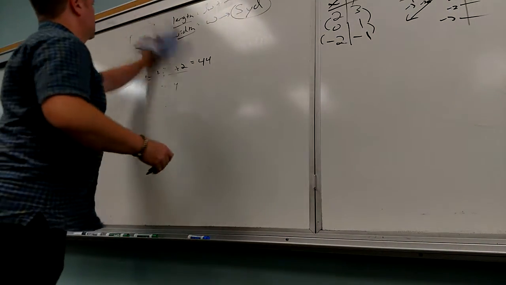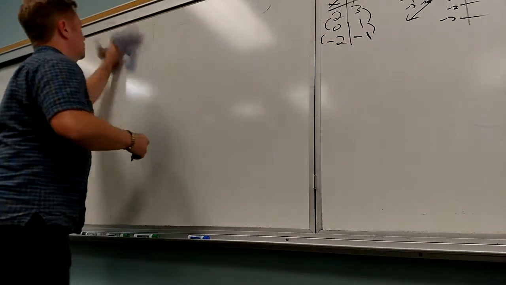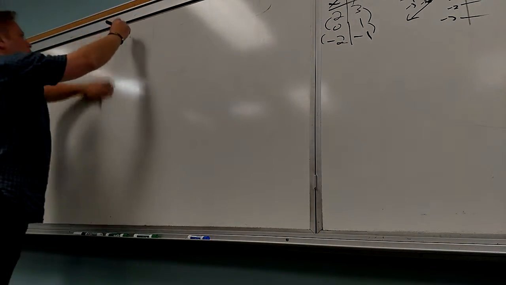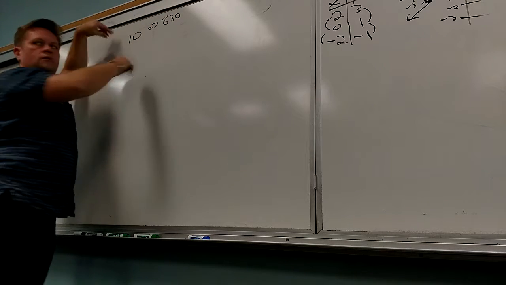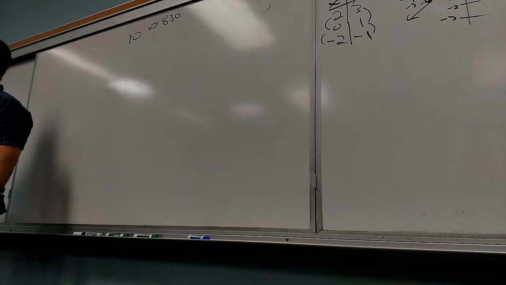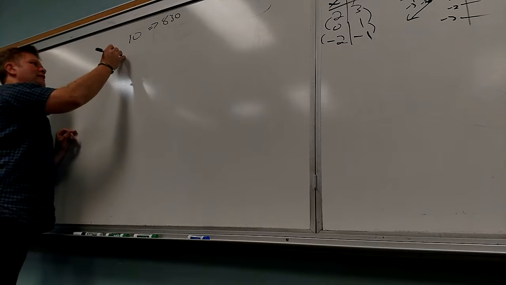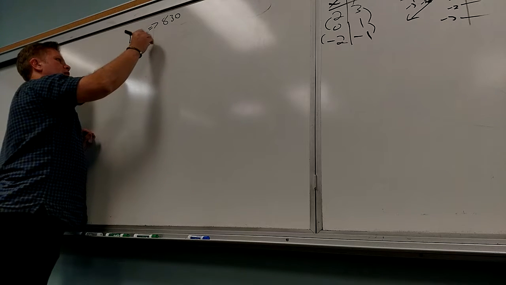So watch this. This is kind of cool. So at 10, it's 830, right? And every time I take a level up, I add 70. You guys with me? So I could define x to be levels beyond 10.